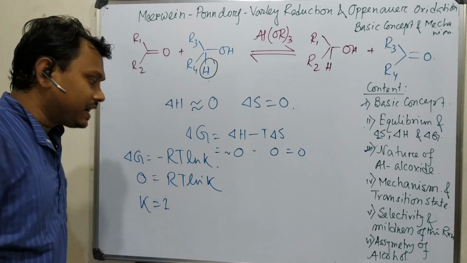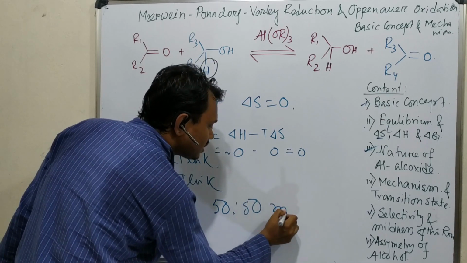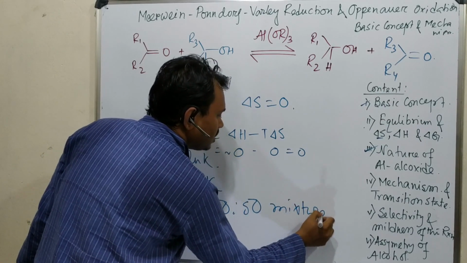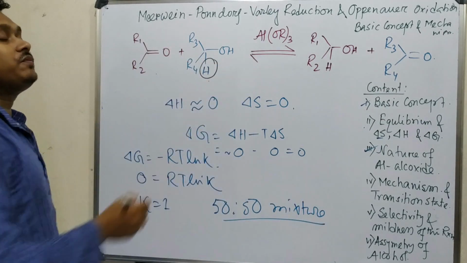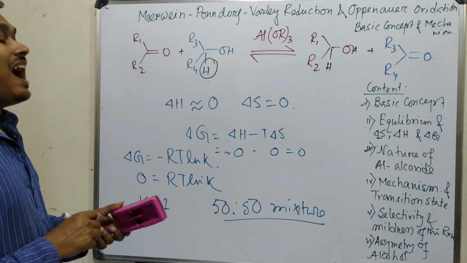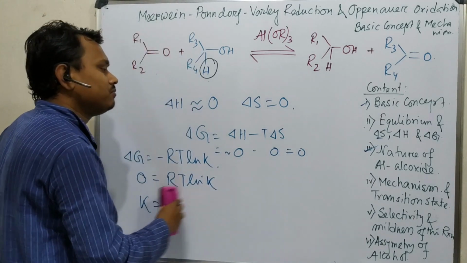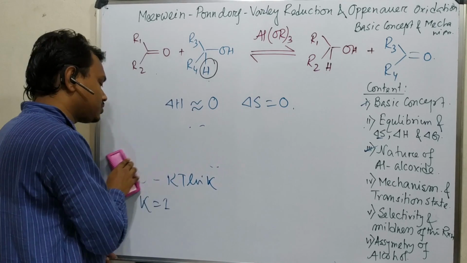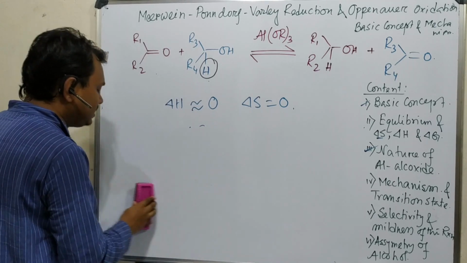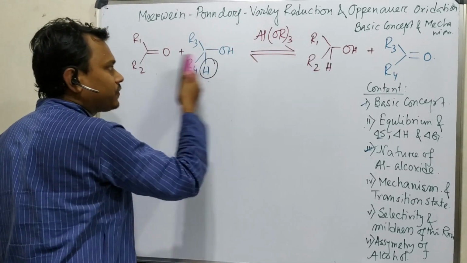What does it indicate? A 50-50 mixture. It will remain 50-50. So the question is, how do we drive the reaction in the forward direction? Whatever you understood during this discussion, this reaction will happen and it will convert, but 50-50.